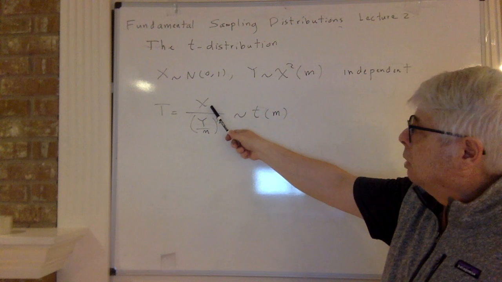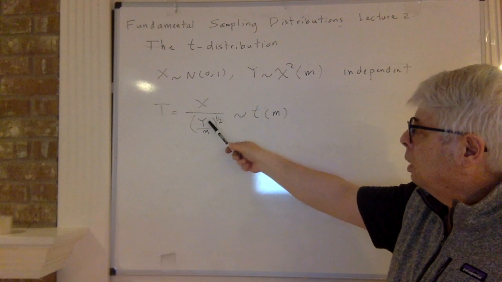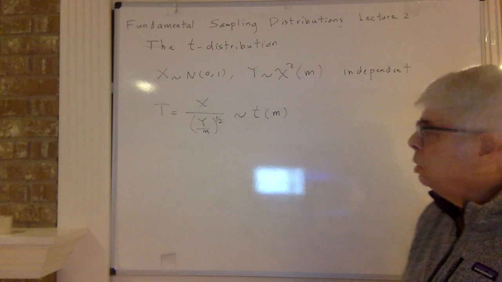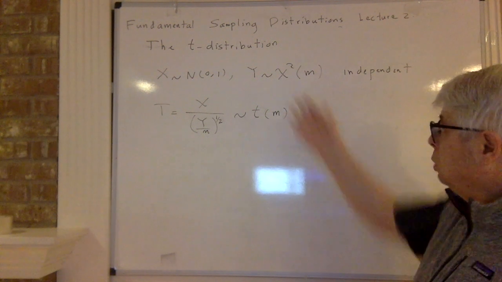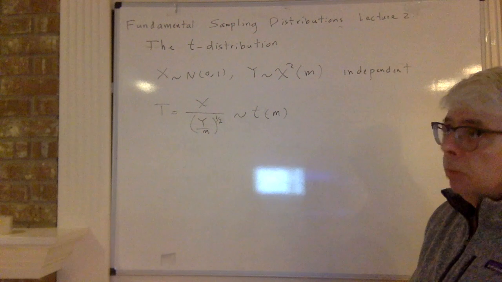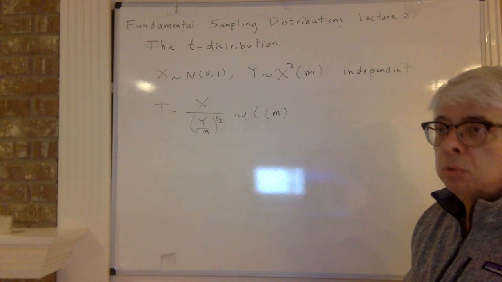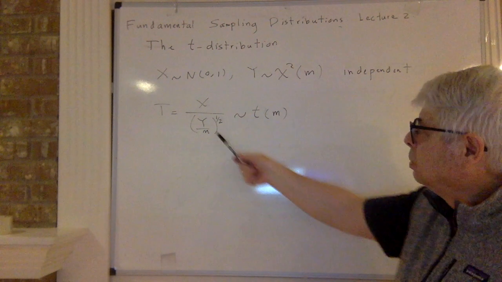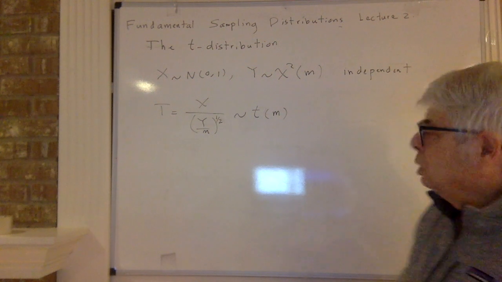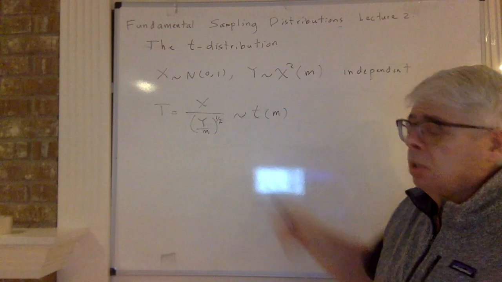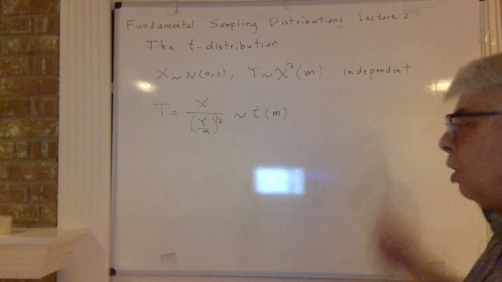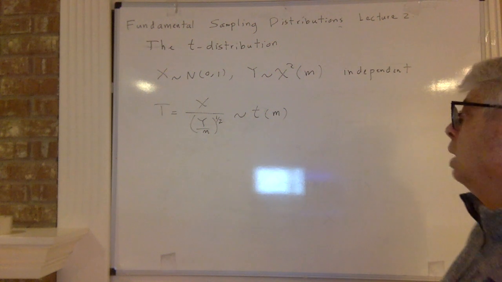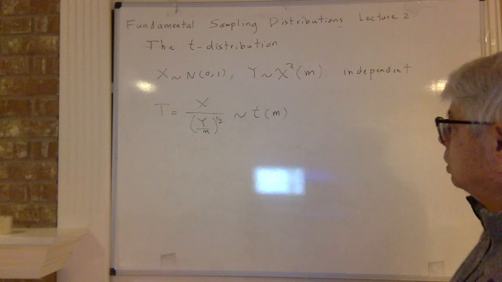We have a normal distribution here, and this is like a chi-squared divided by some constant, to the power 1/2, so it's like the square root of this thing. The square root of this thing doesn't go back to a normal distribution, it's something else. So it's amazing that this, which looks like a normal divided by a normal, where the denominator is not normal but like the square root of chi-squared, is an amazingly useful distribution.